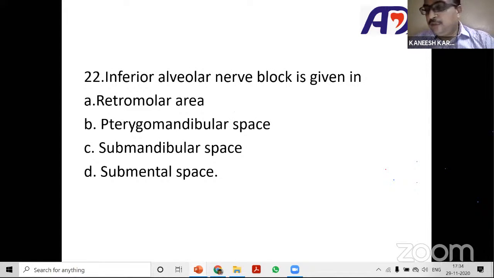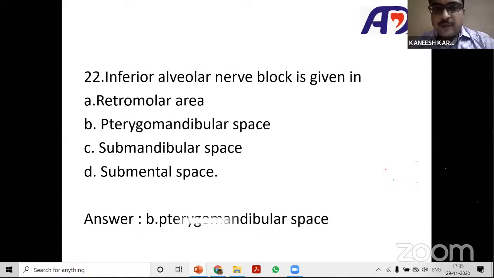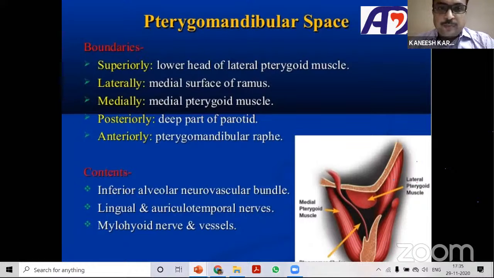Coming to the next question. Inferior alveolar nerve block is given in which space? Correct, it is the pterygomandibular space. The boundaries are: superiorly, the lateral pterygoid muscle; laterally, the medial surface of the ramus; medially, the medial pterygoid muscle; posteriorly, the parotid gland; anteriorly, the pterygomandibular raphe.